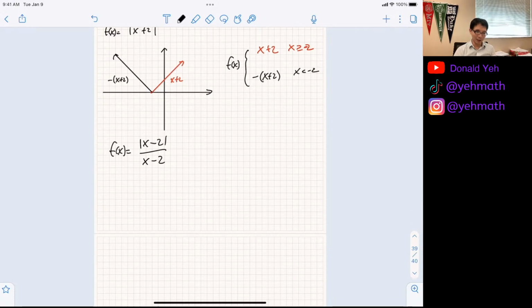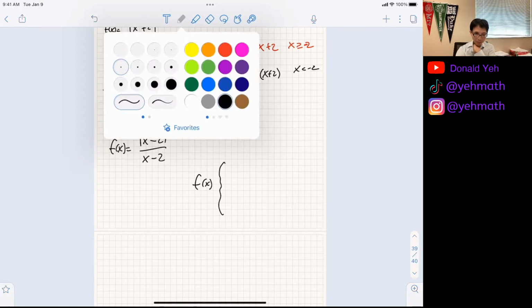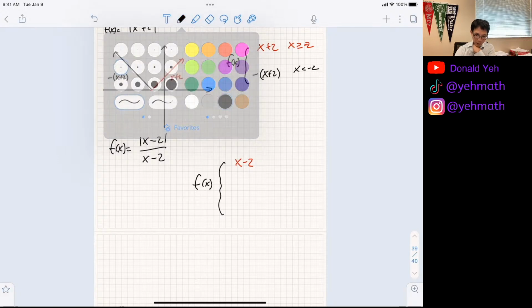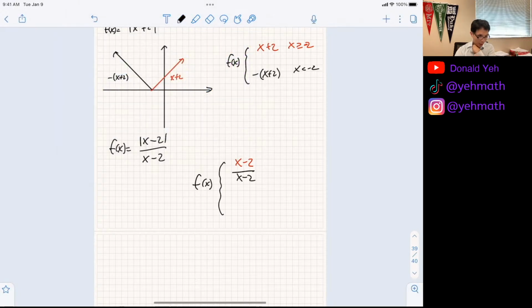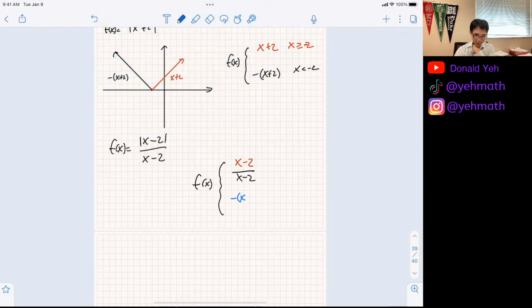The reason why the graph will look like this is because if you pay attention, can I write this in piecewise? Yes, right? f of x in terms of piecewise, the positive version is going to be x minus 2 over x minus 2. And the other side we're going to write in green would be negative of x minus 2 over x minus 2.